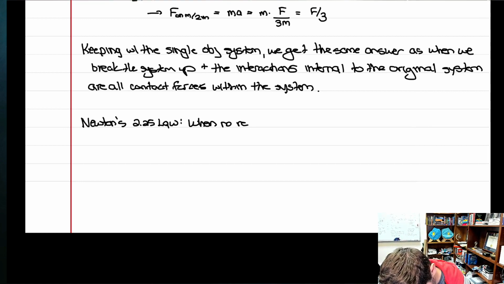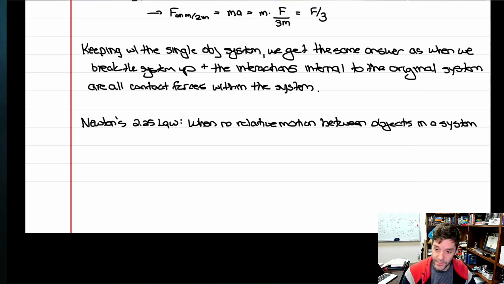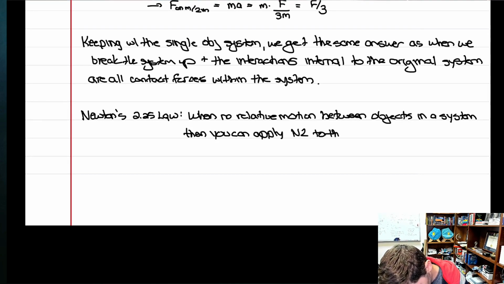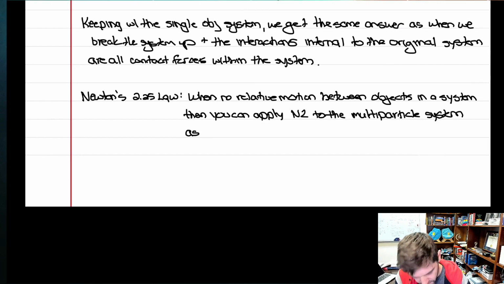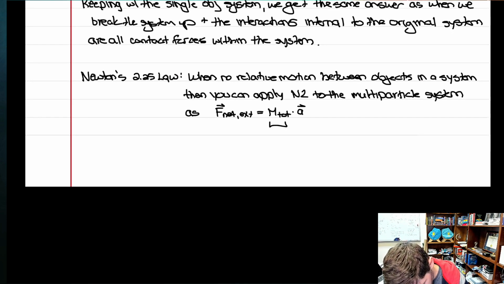When there's no relative motion between objects in a system, e.g. a solid, then you can apply Newton's second law to the multi-particle system as not just F equals ma, but I'm going to write this as F net external equals m tot times A, where m tot is the total mass.